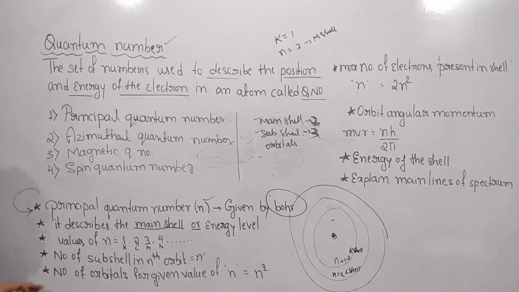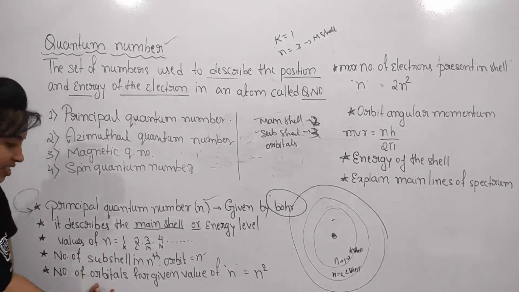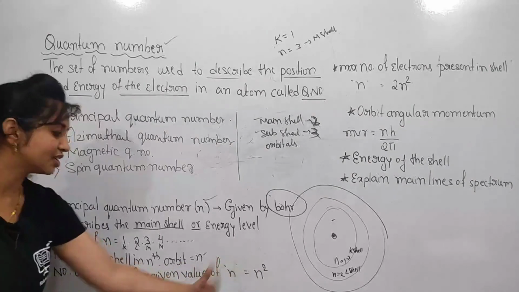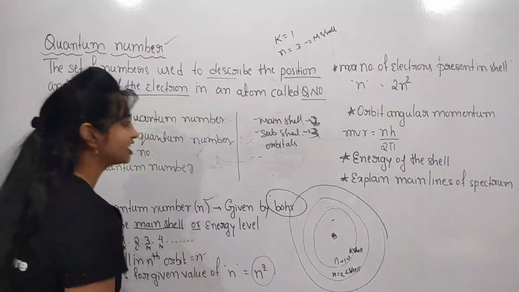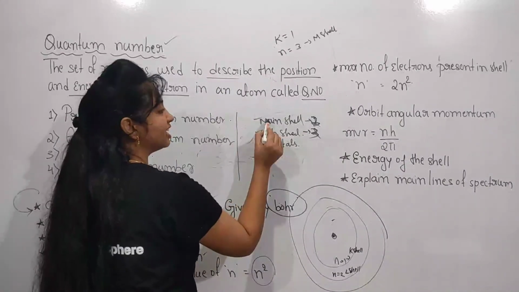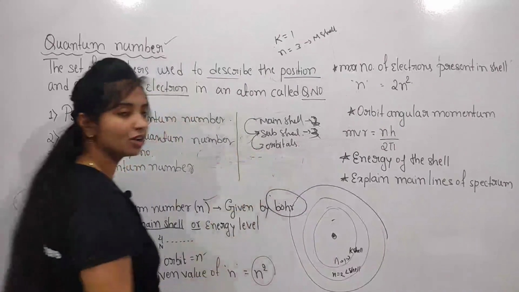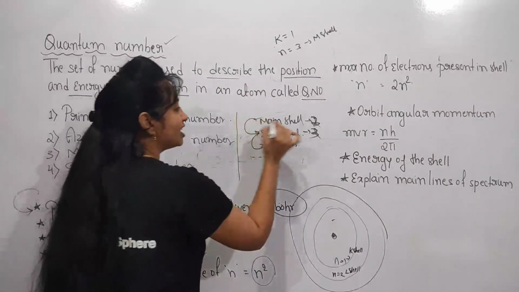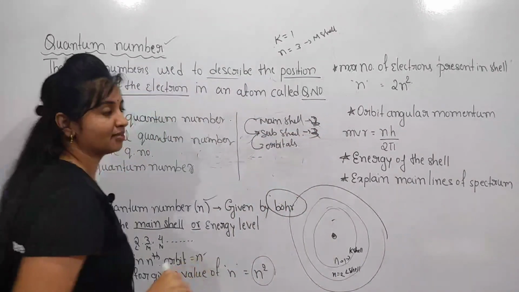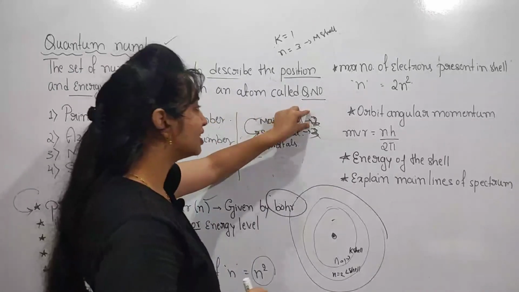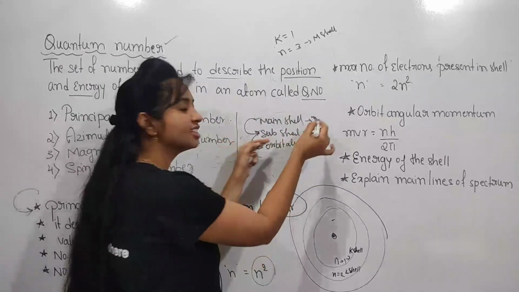And the next one is the number of orbitals for a given value of n is equal to n square. See here, in the main shell we have a subshell, and in that subshell we have the orbitals. If we have a third main shell, then the subshell is 3.